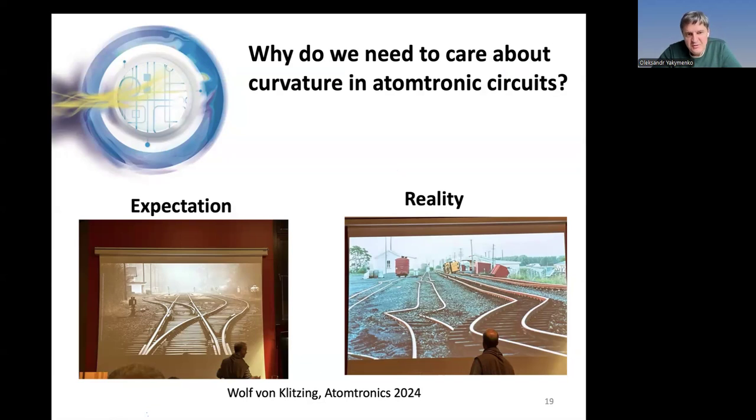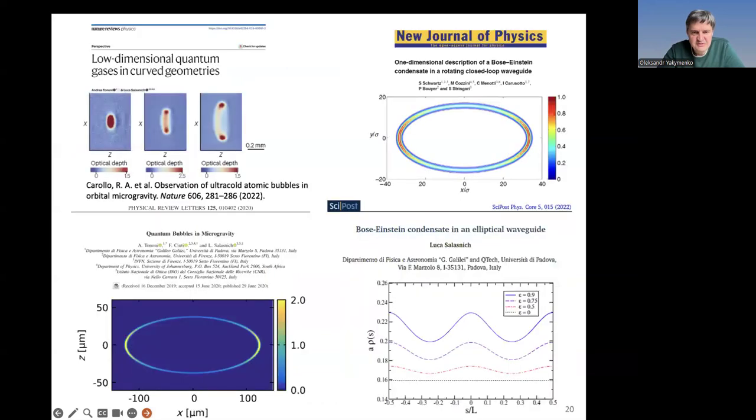Because in real experiments, instead of very smooth and predicted waveguides, you frequently get some curved, sometimes really cuspy distribution of the potential, which affects the flows and the dynamics of the condensate. So let's see what happens in this case.